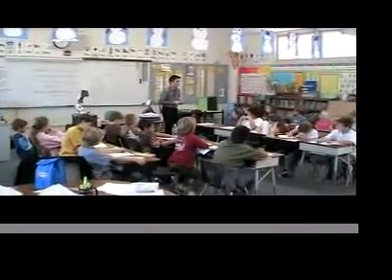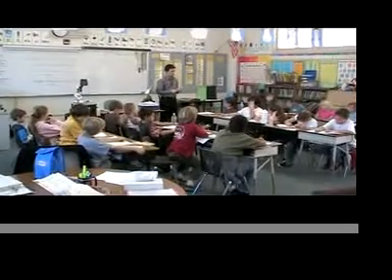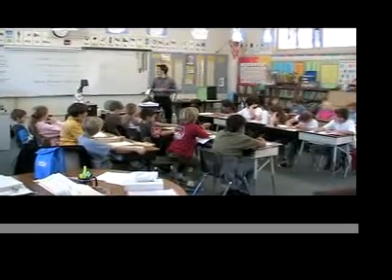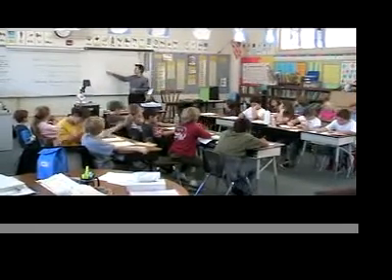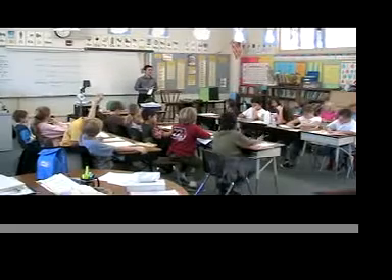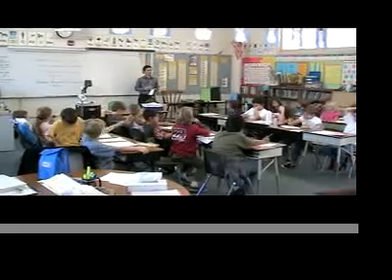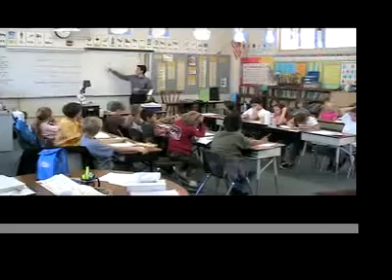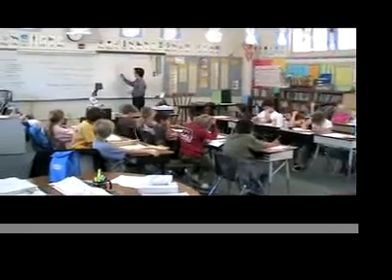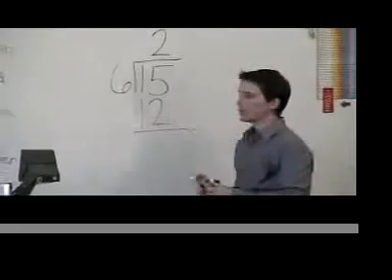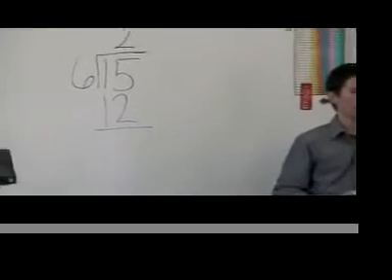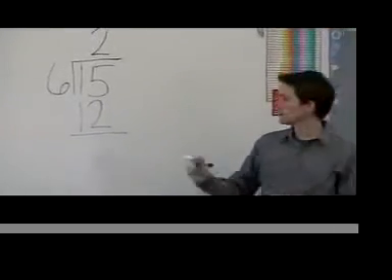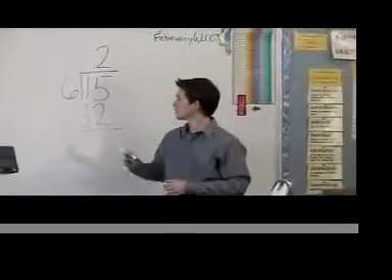Question? Oh, you have the answer? Okay, but what do we do on this part to check? Go ahead. 6 times 2. Okay, then we write 12 underneath, right? Then what? Okay, so we subtract.